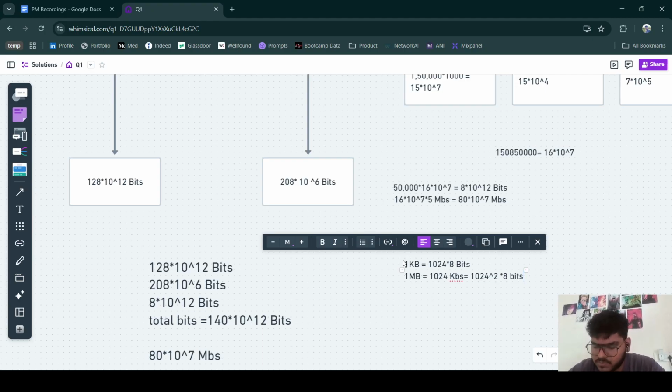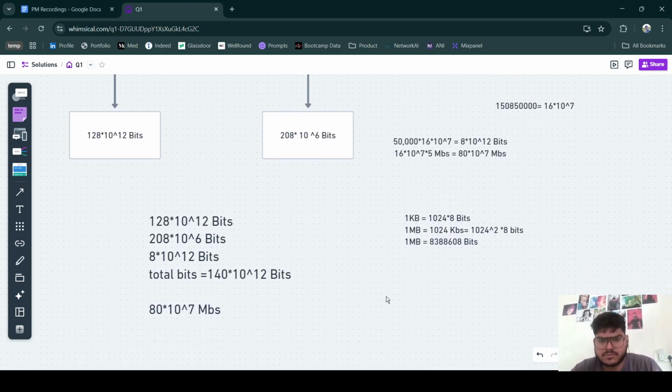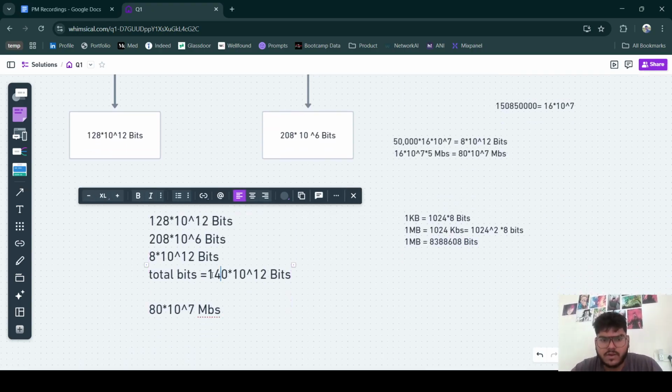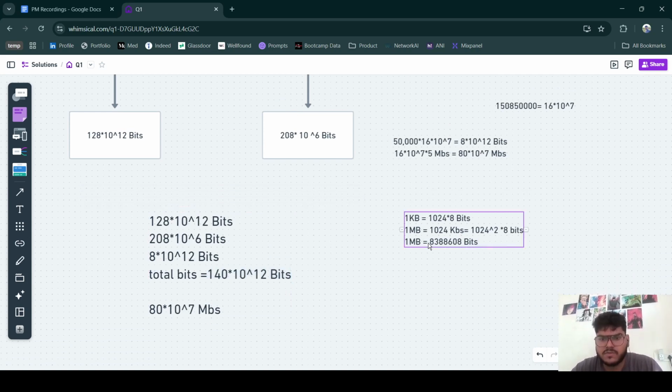So that would be around 1024 times 1024 times 8. So this 1 MB comes around 8,388,608 bits. Okay.